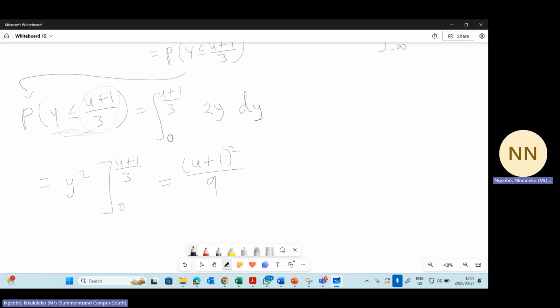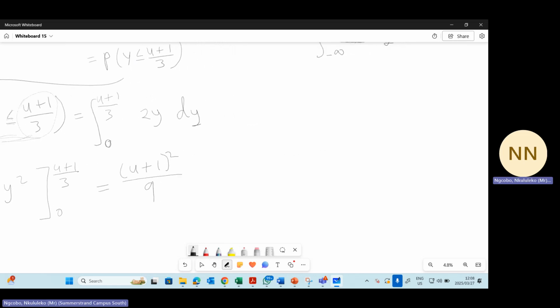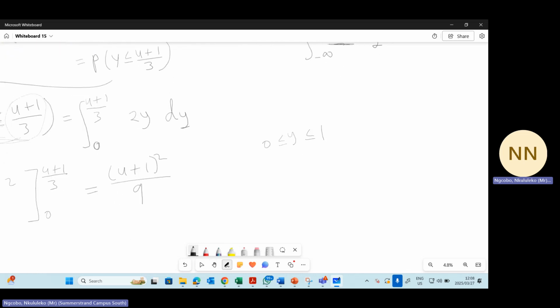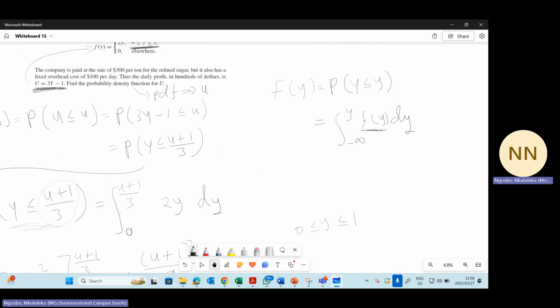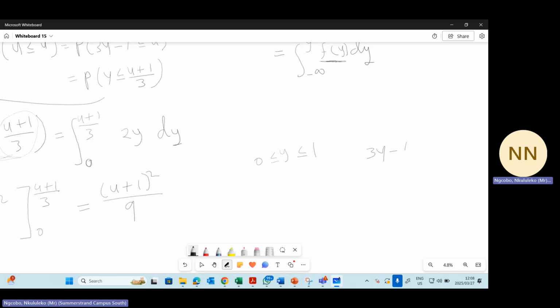And you do understand that your interval for Y is greater than or equal to 0 but less than or equal to 1, right? And your U is equal to what? If you look here, your U is equal to 3Y minus 1. So it's 3Y minus 1, right? So you want to find the interval of U now.